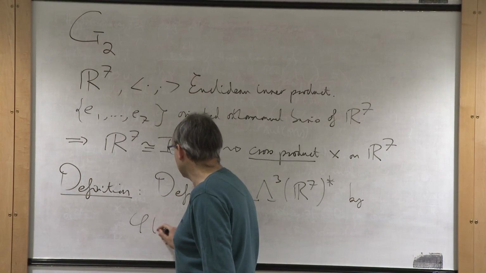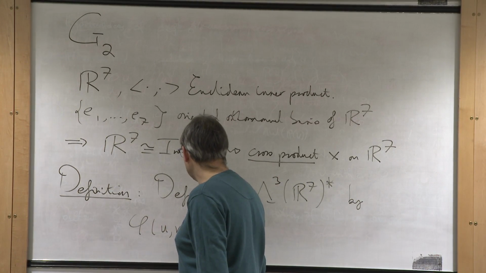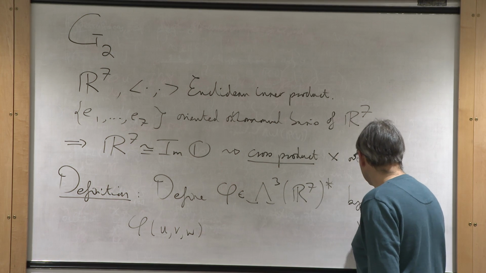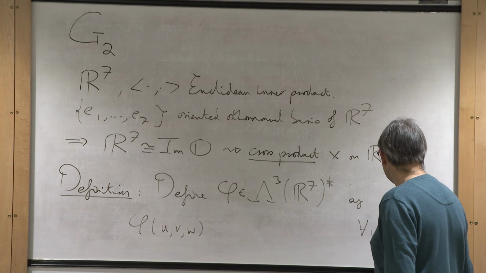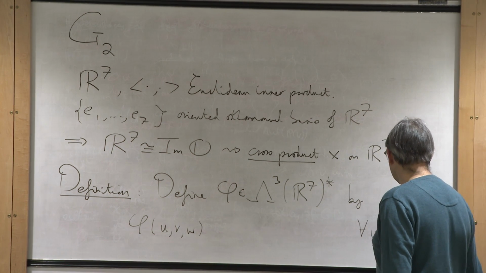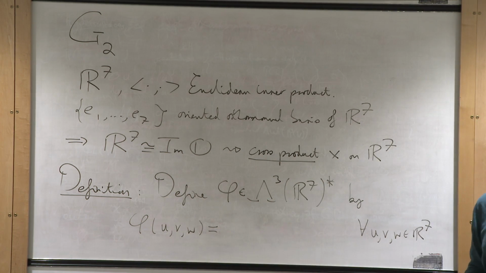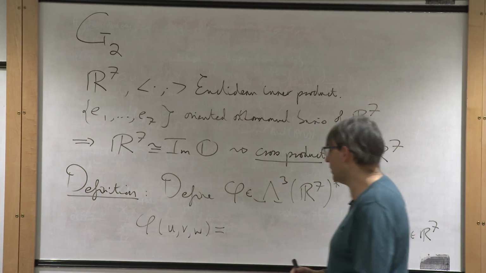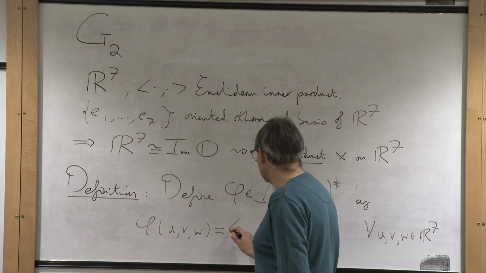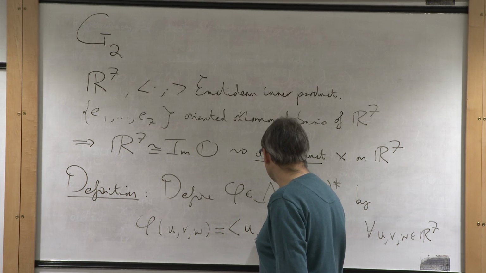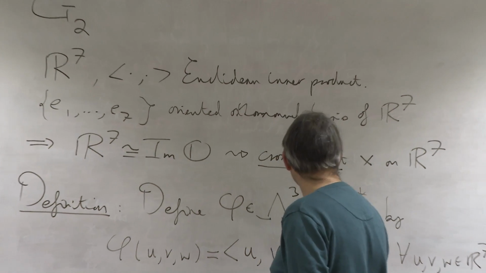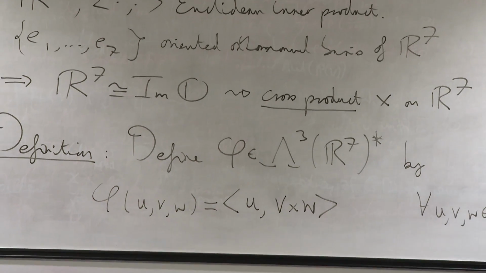I take 3 elements u, v, and w in R7, and I have to tell you what is the number that I get when I plug those 3 vectors in, because it's a map from that to R. And the number is you take the inner product of u with v cross w. That's what it is.